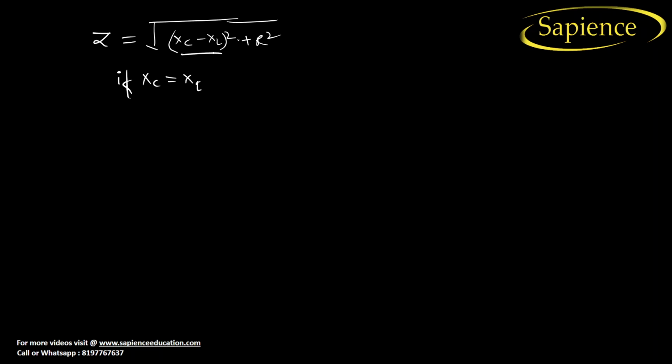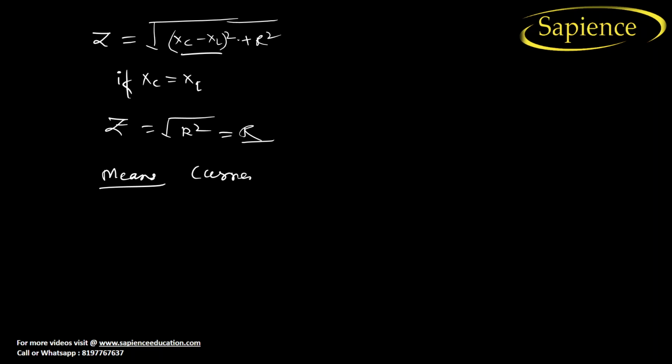See here, Z is equal to root under Xc minus XL whole square plus R square. If Xc is equal to XL, that is the resonating condition, this term will become 0. So Z is equal to root under R square, so Z is equal to R.